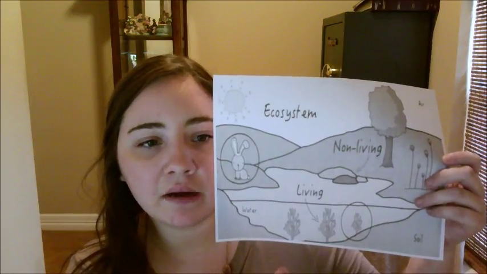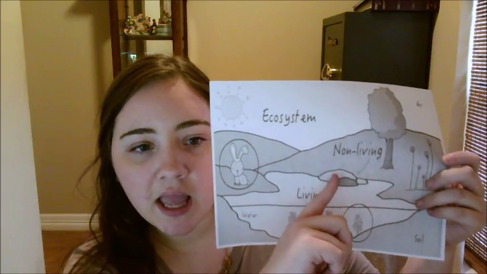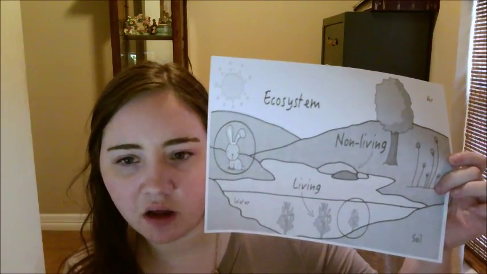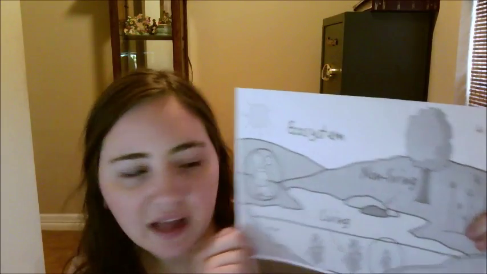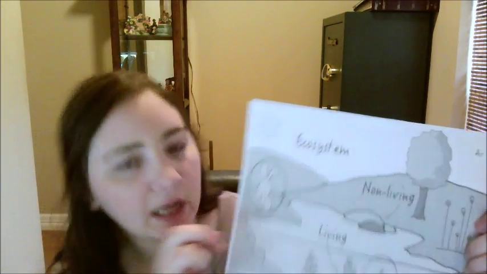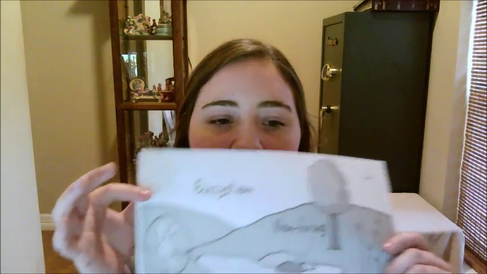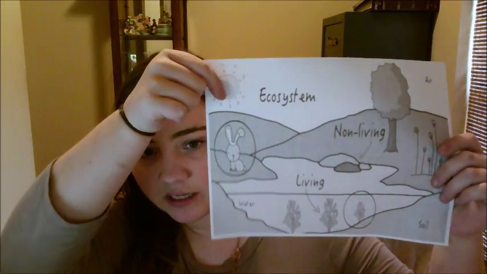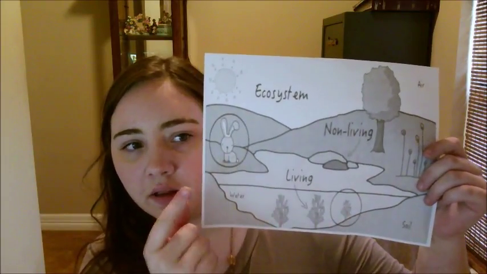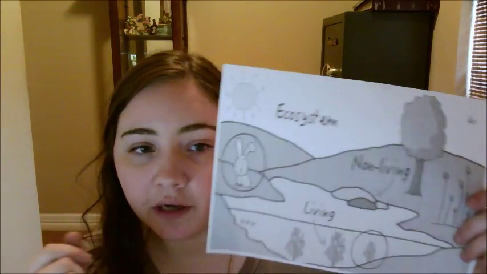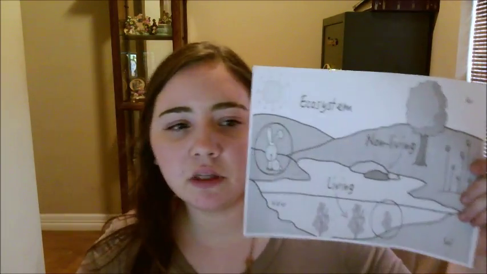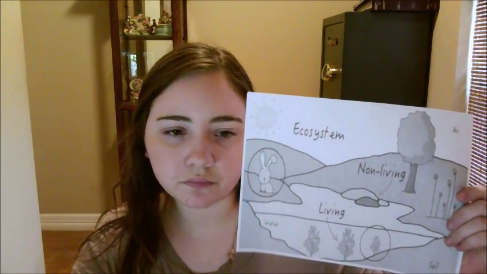And then we have rocks and I guess water. That's not living. So that's going to be your abiotic. And then we have the components that make up the environment. We have a sun. We have water, soil, air. Those are all components that make up our environment. So I like this picture because it really lays it out.